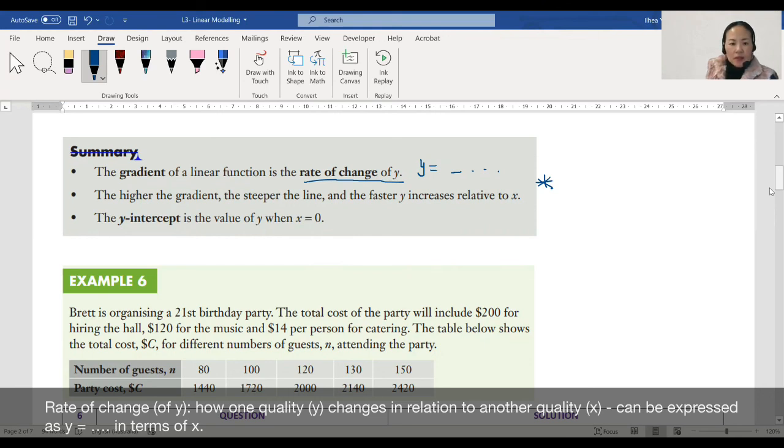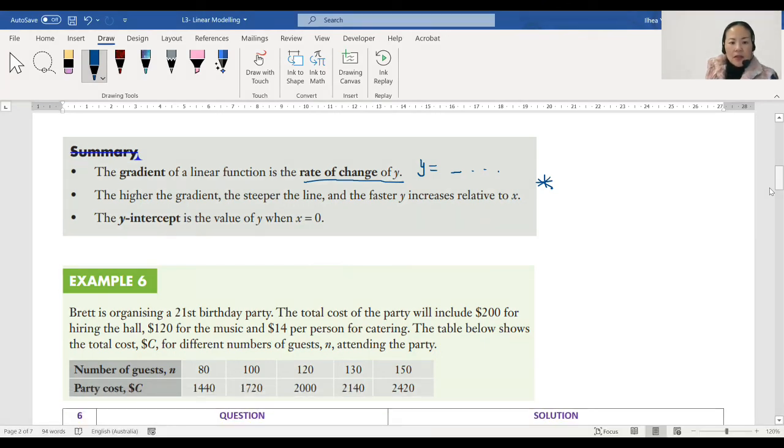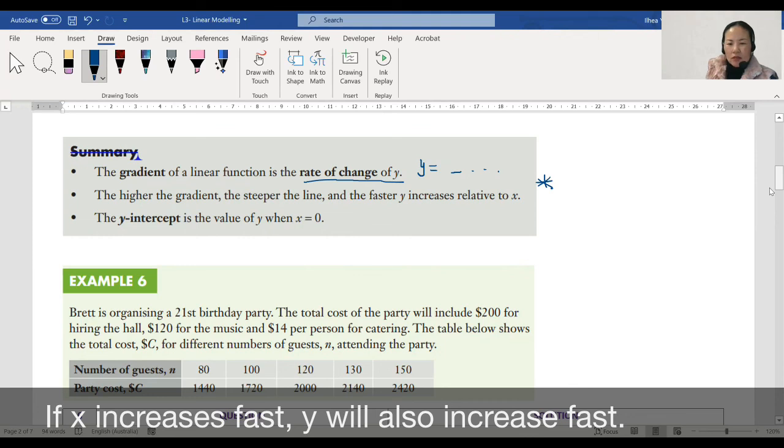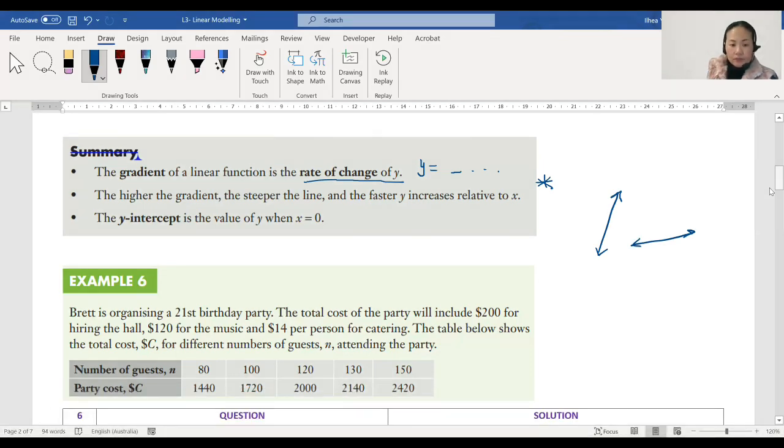The higher the gradient, the steeper the line, and the faster y increases relative to x. So obviously if the line is steeper, your gradient will be higher. But if it's really flattening out, it'll be not so steep at all.